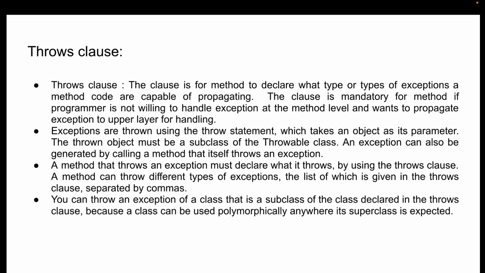Suppose module 2 also does not want to handle that error, so we can propagate that error to module 1, so that the error has to be now handled at module 1. This is one of the examples of propagating the error.